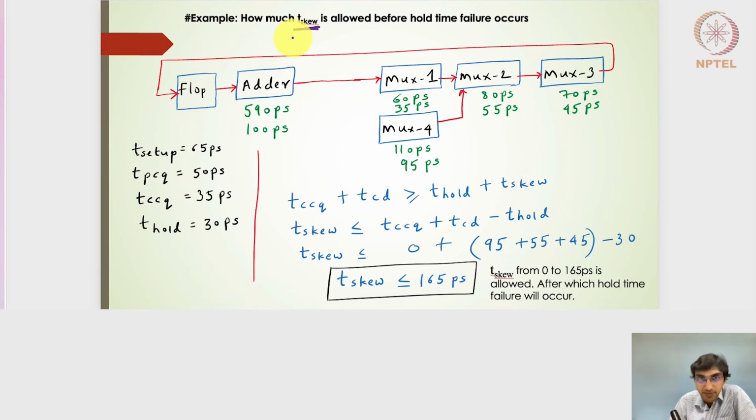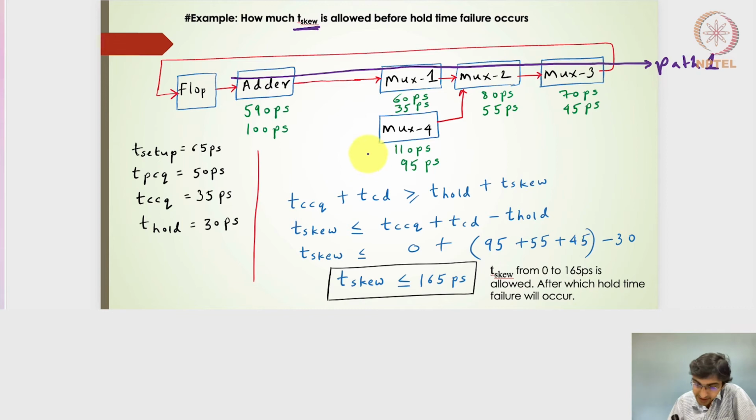Based on the skew parameters, I can choose the clock standard cell. So in that sense, what should be the T skew characteristics? If I have this particular subsystem design or data path system design, we still have 2 paths. One is the adder path, number 1.